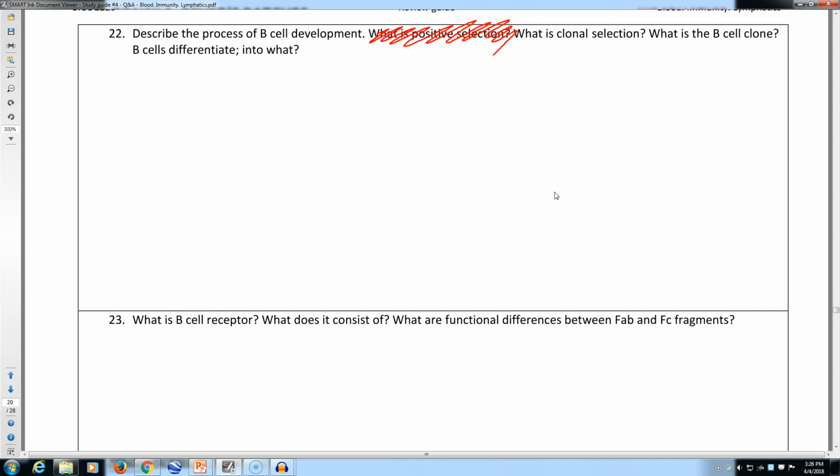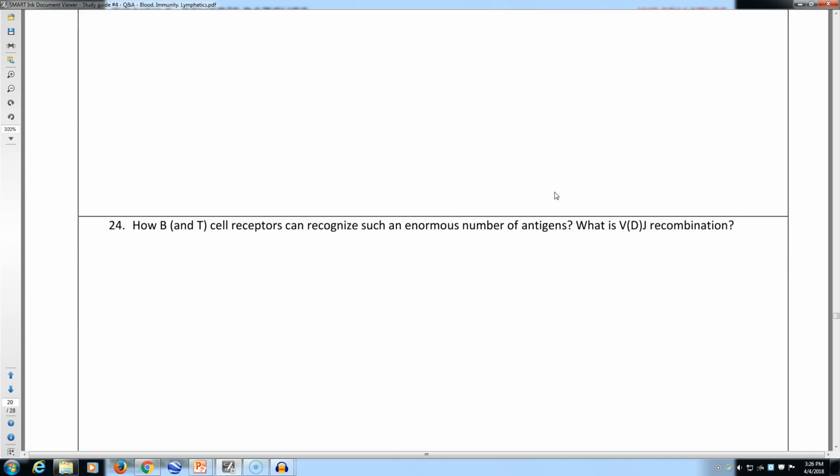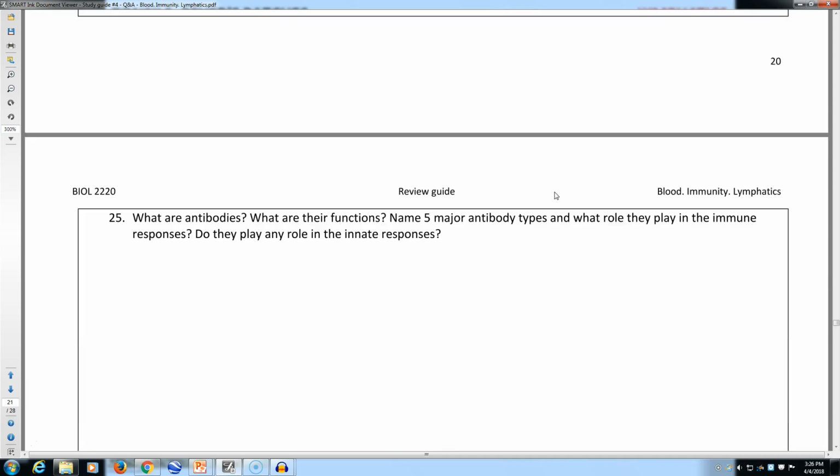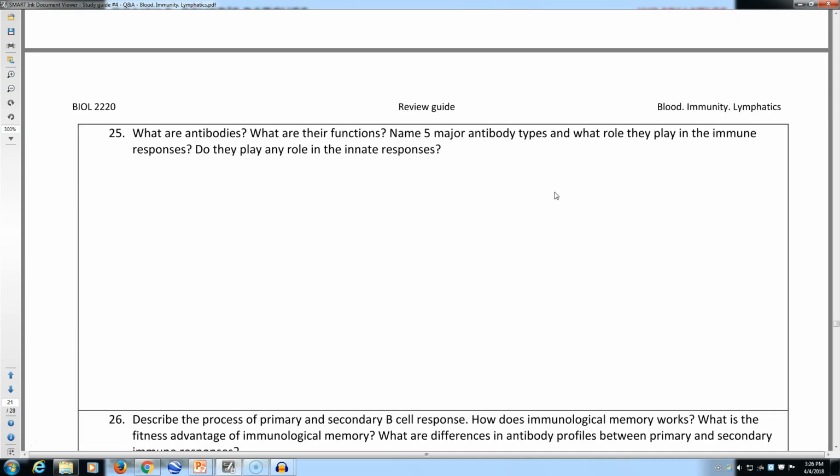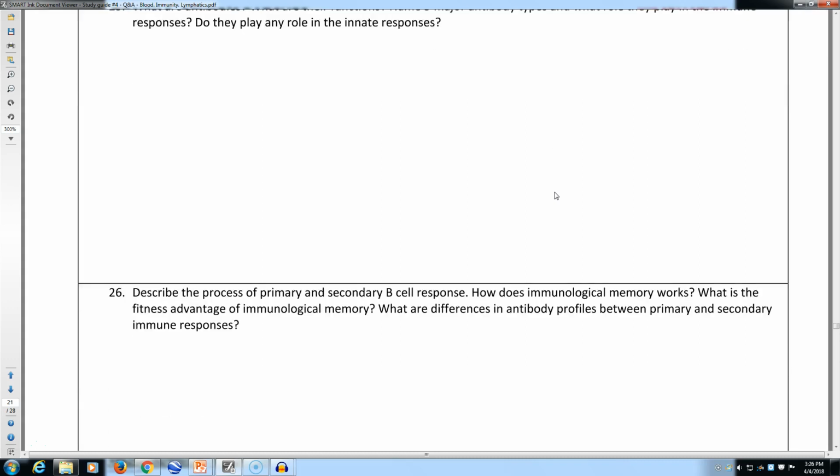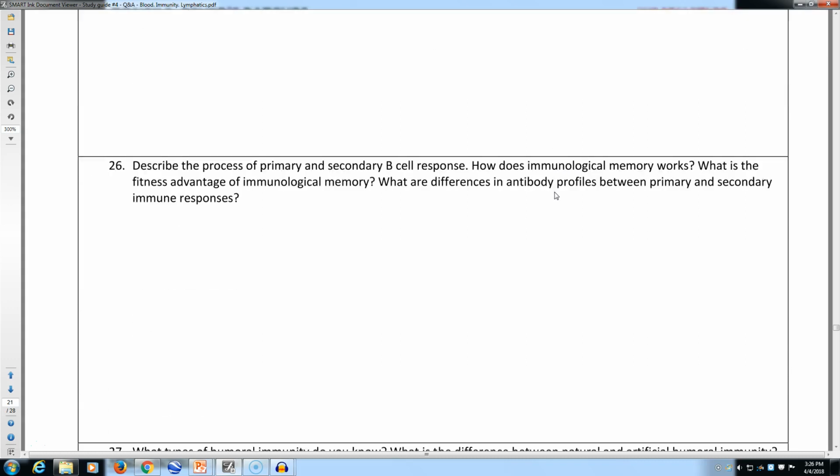Know them by heart. I will ask you the function. Five major antibody types.